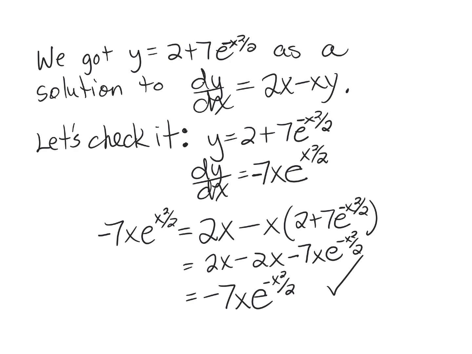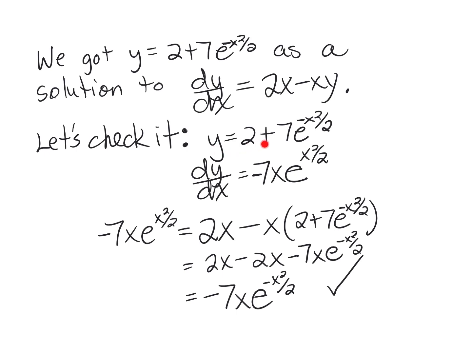Now let's check and see if the solution that we got is actually a solution of the differential equation that we started with. So if y equals this, I can take the derivative of it and put it here, and then I can plug the whole entire function y right here and check to make sure both sides equal the same thing.